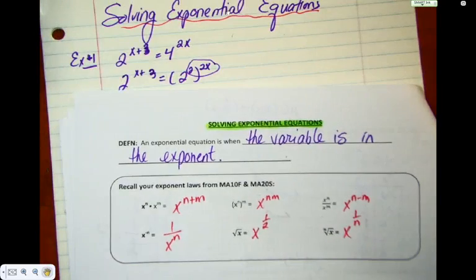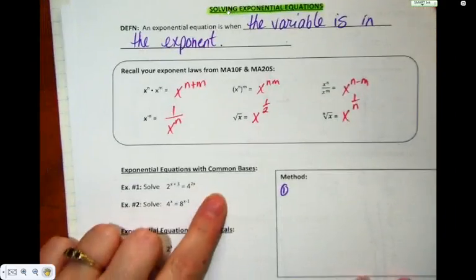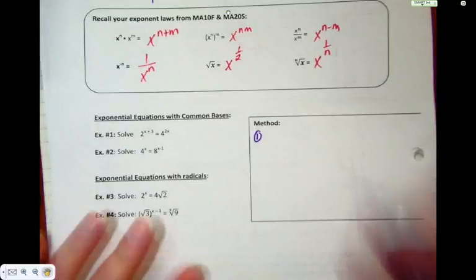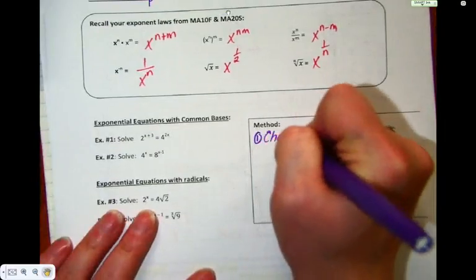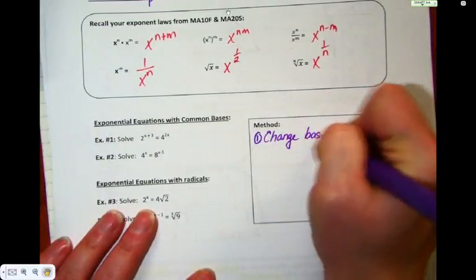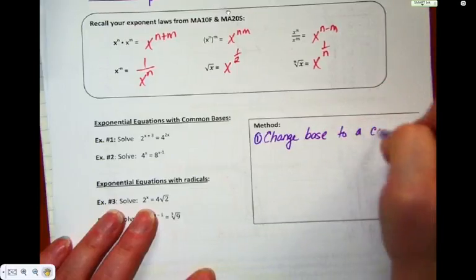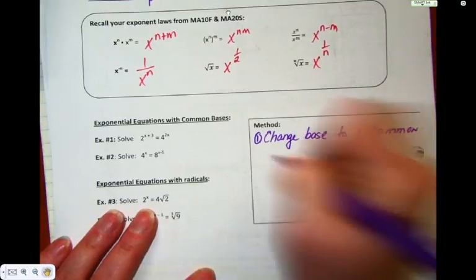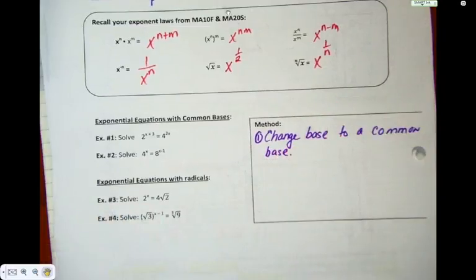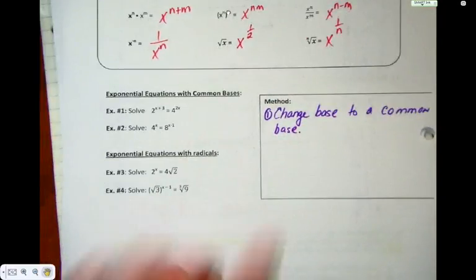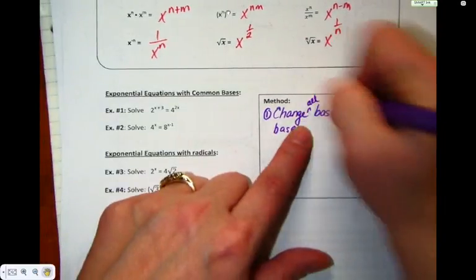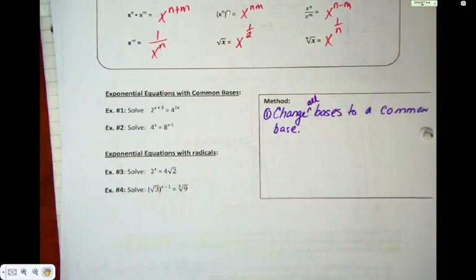Okay, what did I do first? Yes, I wrote down the question. So I want to change every base to be a, we call it a common base. Change every base to a common base.